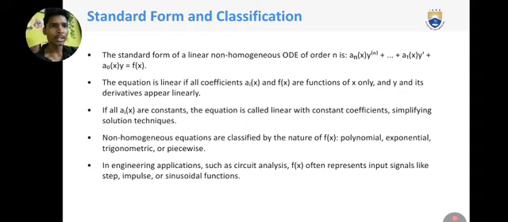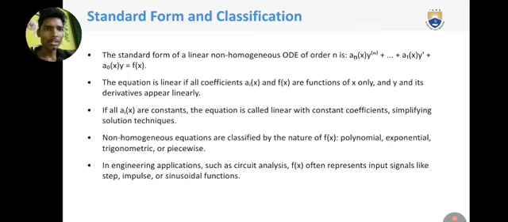Standard form and classification. The standard form of a linear non-homogeneous ODE of order n is a of n x y to the n, plus so on, plus a1 x y dash plus a naught x y is equal to f of x.